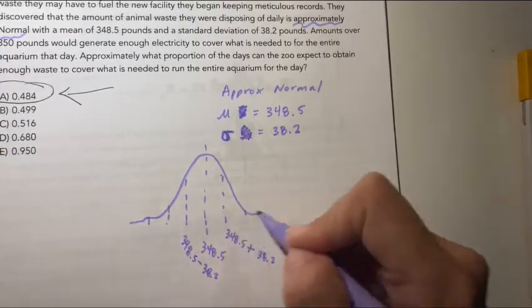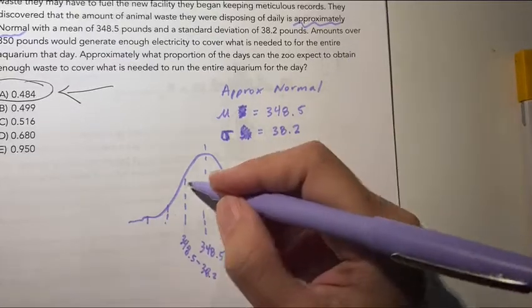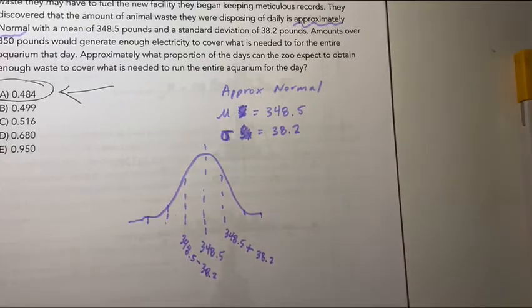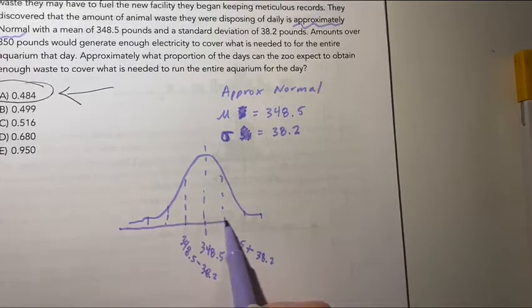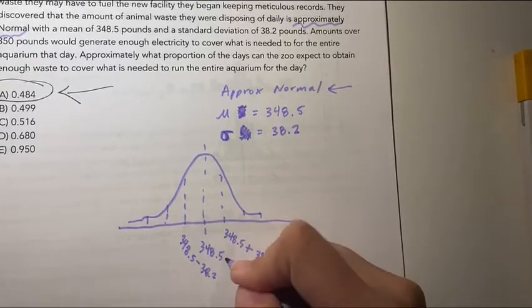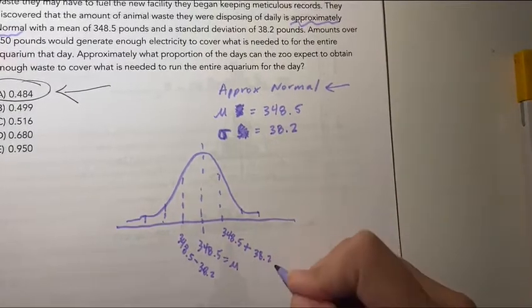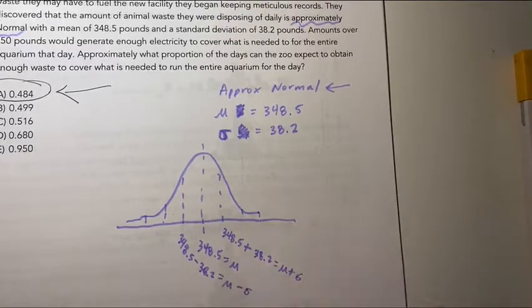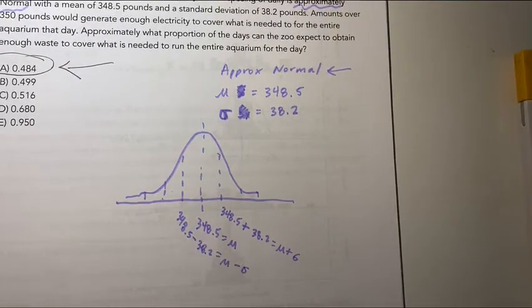There are 3 to the left, 3 to the right. So this is 1 standard deviation to the left and right, 2 to the left and right, and 3 to the left and the right. And where did I get all that? Just from this single word. So this is my mean, and this is my mean plus my standard deviation, and my mean minus my standard deviation. This is the foundation of everything we've been doing.